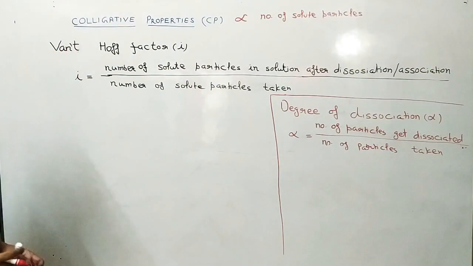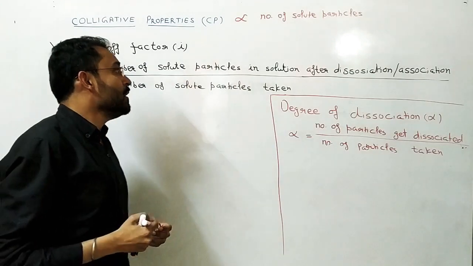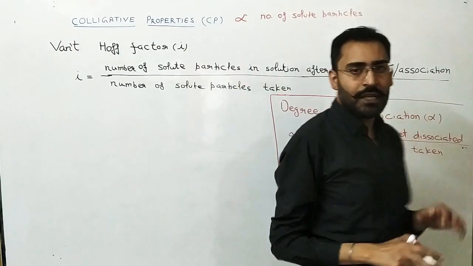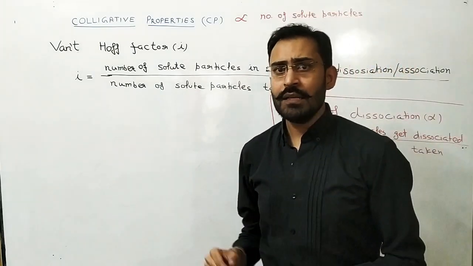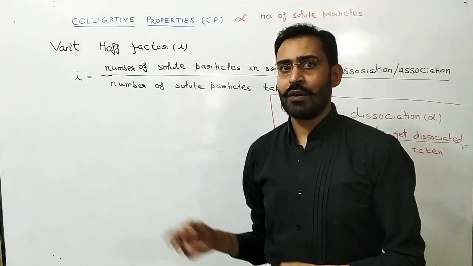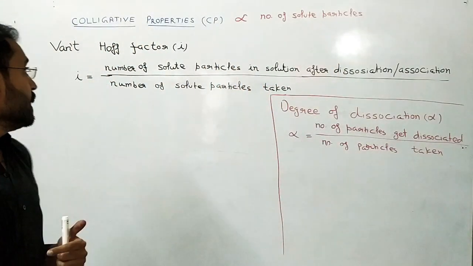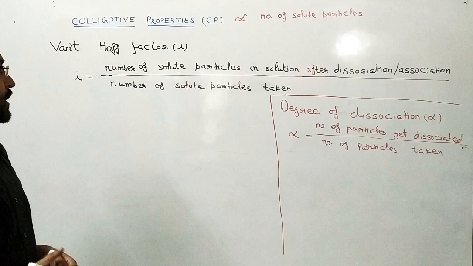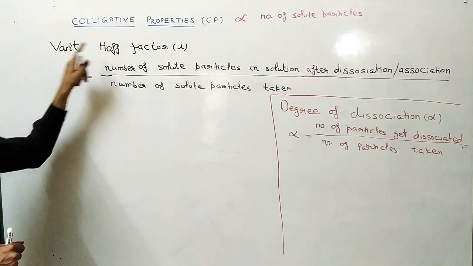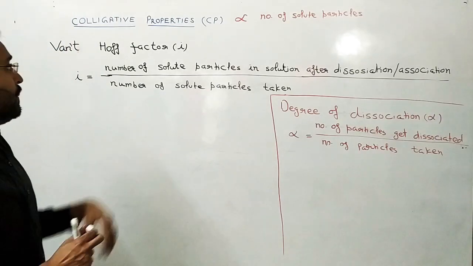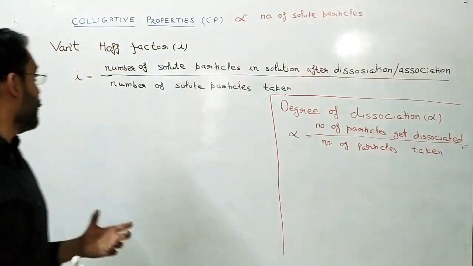The more the number of solute particles, the more will be the value of a particular colligative property. In detail, we will study colligative properties in the next lecture. But today's topic is van't Hoff factor, which relates to the number of solute particles.